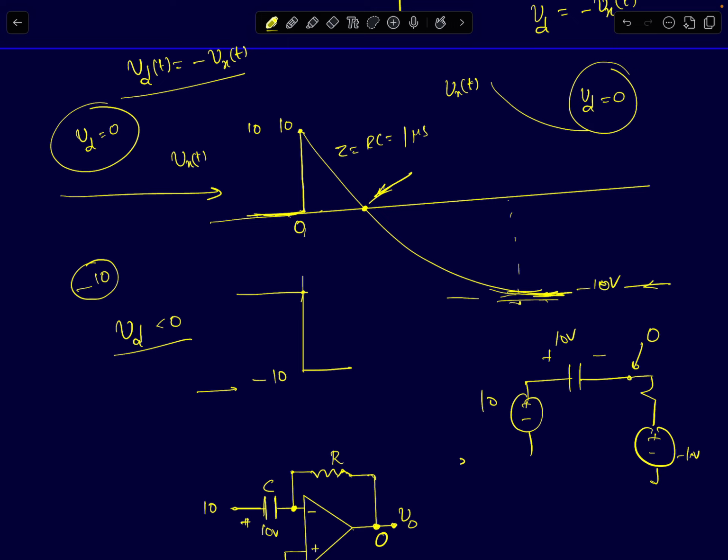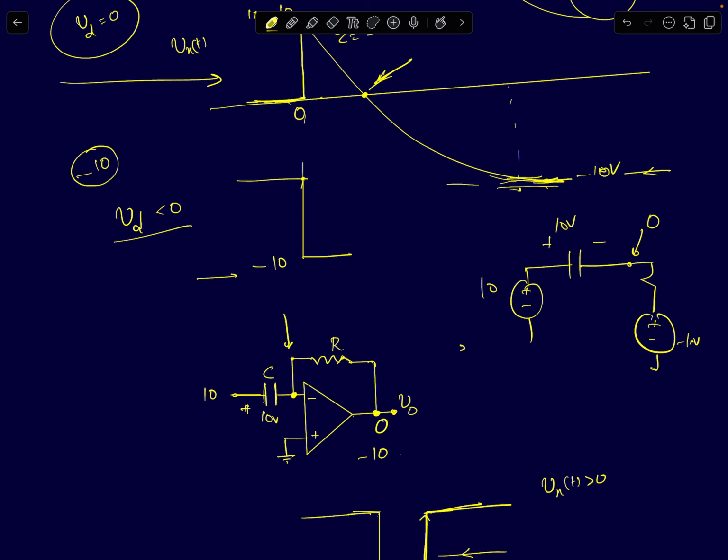First, a simple intuition. As your Vx node voltage was decreasing, we said that it started at 10 and reaches 0. What happens to the capacitor voltage? This node voltage was initially 10, it reached 0, so the capacitor is now charged to 10 volts. Now let's assume your Vx of t is slightly decreasing below 0.